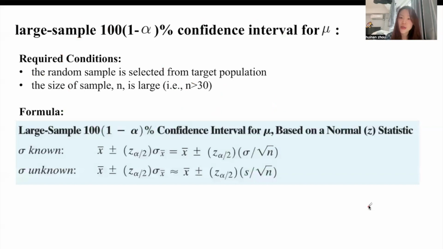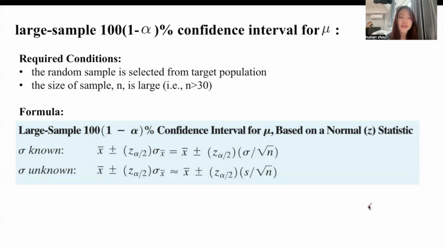So first, let's see how to calculate the confidence interval for the population mean in a large sample. First, we need to look at the required conditions for the formula below. The first is a very basic condition, that the random sample we use is selected from the target population. It is very necessary and important.